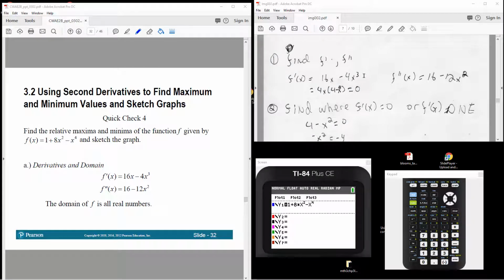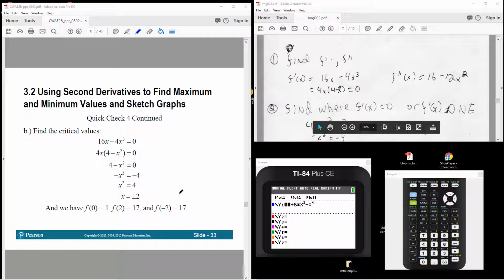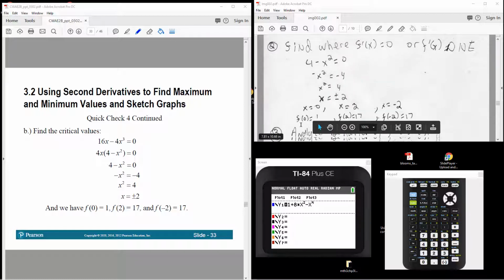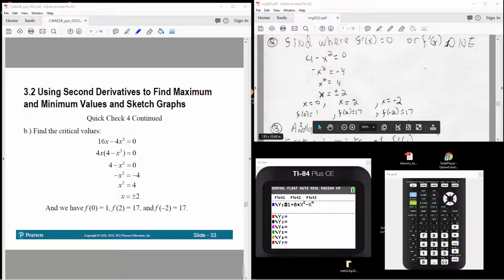One zero is going to come from when I factor it, at 0. The other ones will be where 4 minus x squared is 0, so I'll set that equal to 0. So I have zeros at 0, 2, and negative 2.